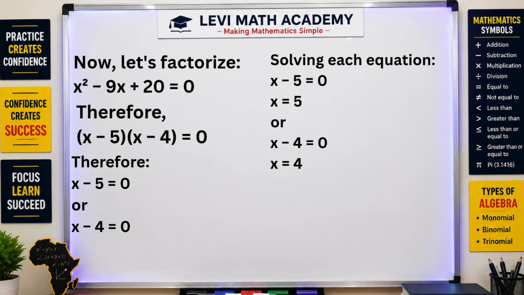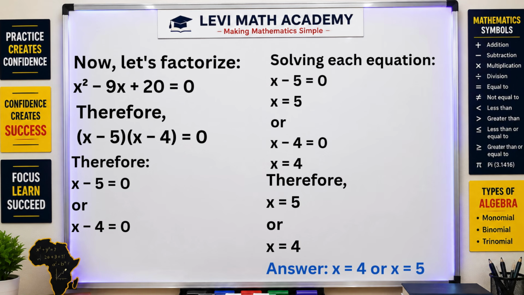Or x - 4 = 0, x = 4. Answer: x = 4 or x = 5. Remember, factorized quadratic equations often end with two answers because the equation contains x². Quadratic equations can have up to two possible values of x.